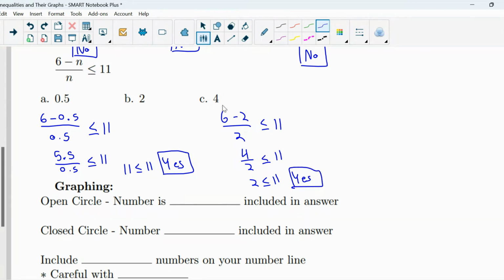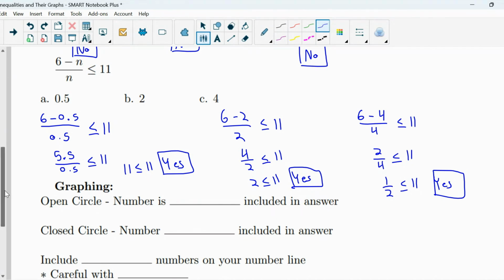Okay, for our final substitution, we have 4. So we have 6 minus 4 over 4 is less than or equal to 11. 6 minus 4 gives us 2 over 4 is less than or equal to 11. We could simplify this fraction to be 1/2, which, yes, 1/2 is less than 11. Okay, so that is how you test solutions of an inequality.